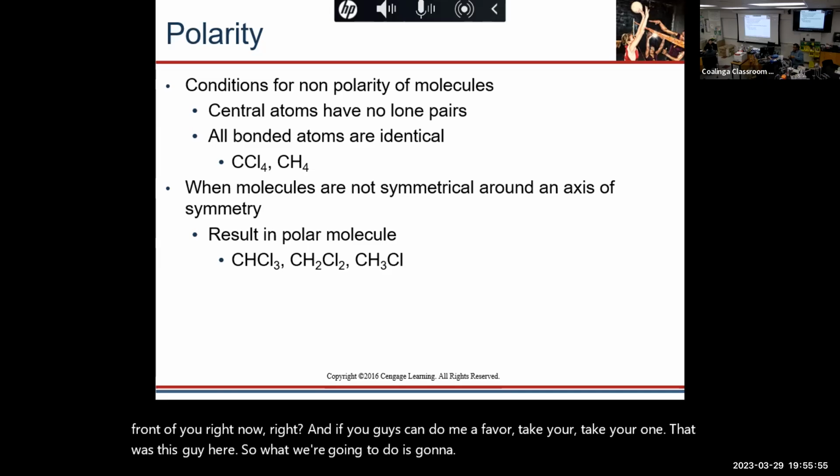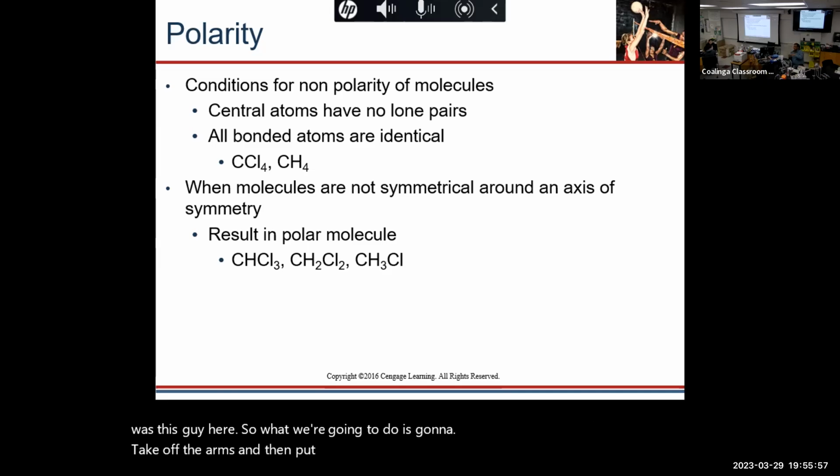Take off the arms and then put all your greens on that one. That's going to represent carbon tetrachloride.